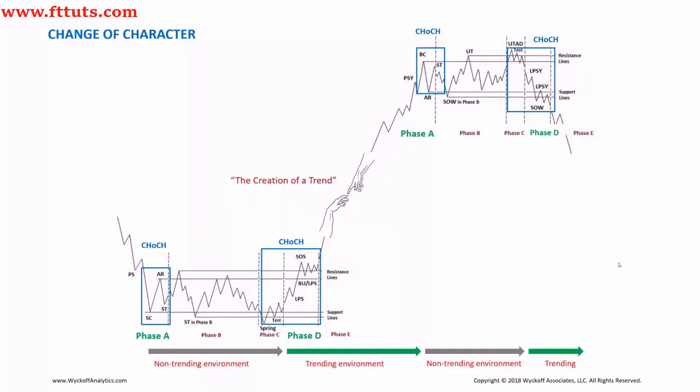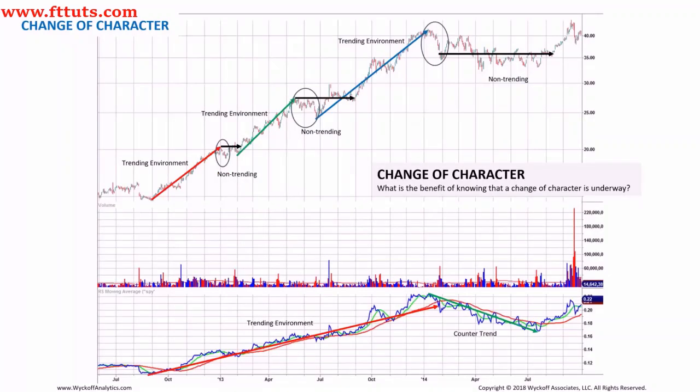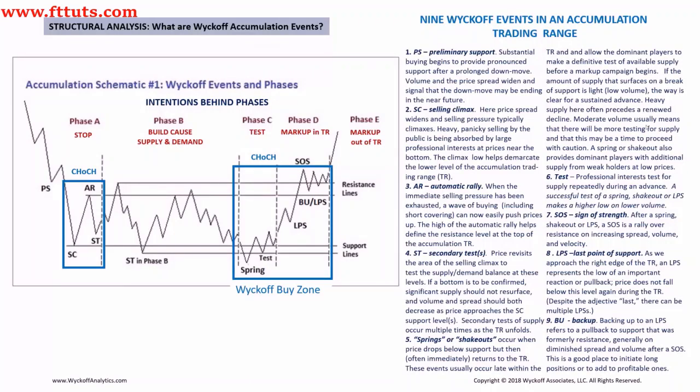My big question is in phase A, or in the change of character, the secondary test, you say that it can go below the selling climax. Okay, so I gave you three scenarios for the secondary test. We're discussing this spot right here, still phase A. The secondary test acts as a local test of the climactic action.